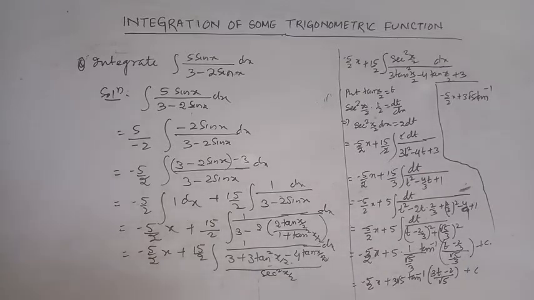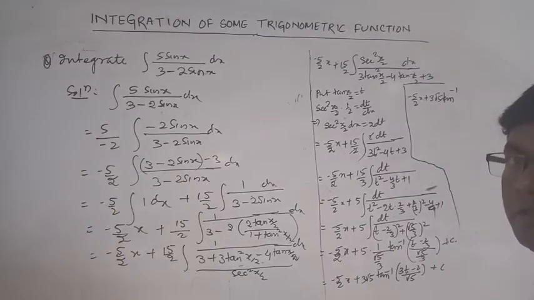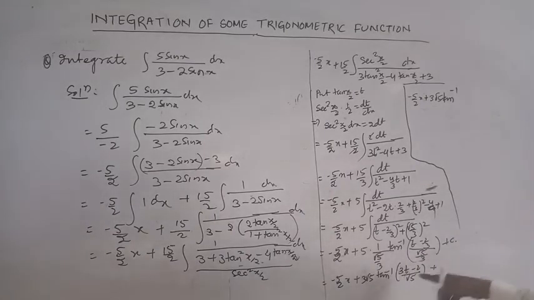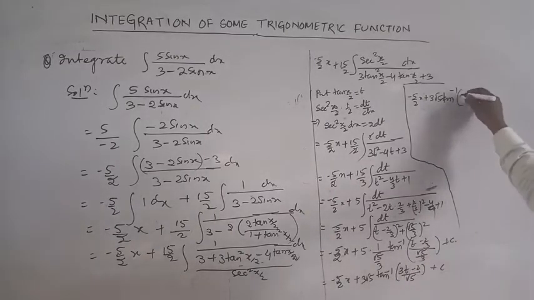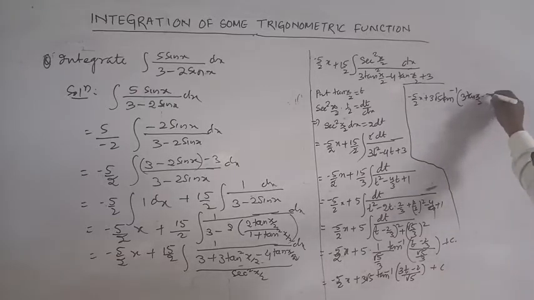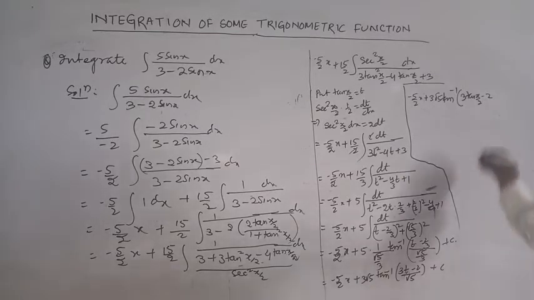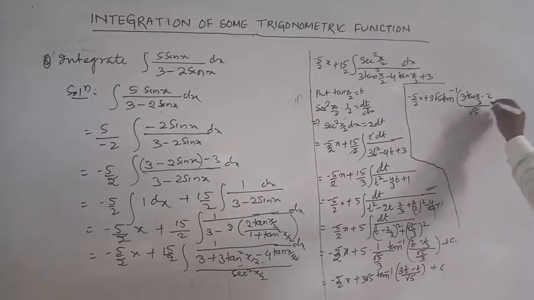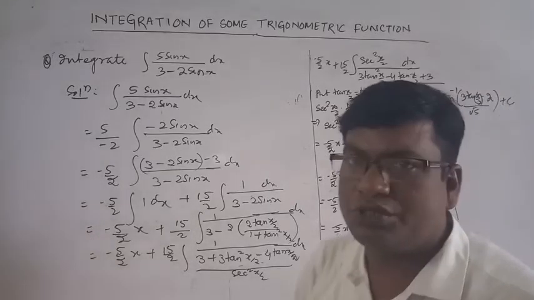Tan inverse, that is 3 tan x by 2 minus 2, divided by root 5. This is minus 2, this is x by 2, plus c. This is the answer of this question.